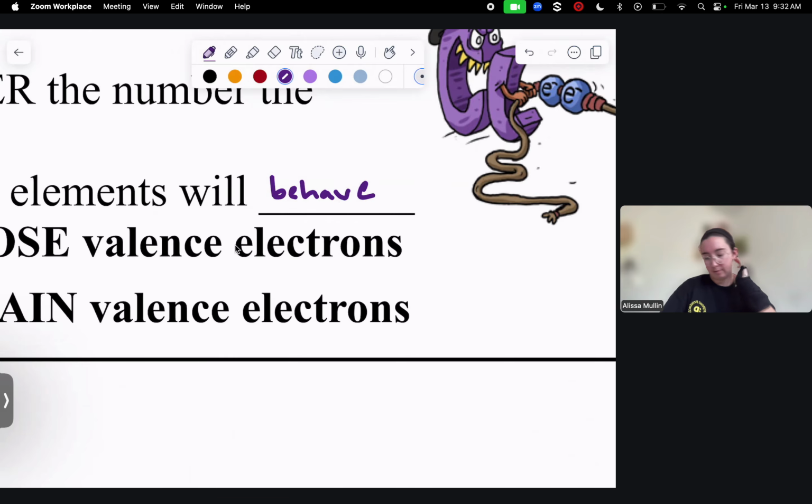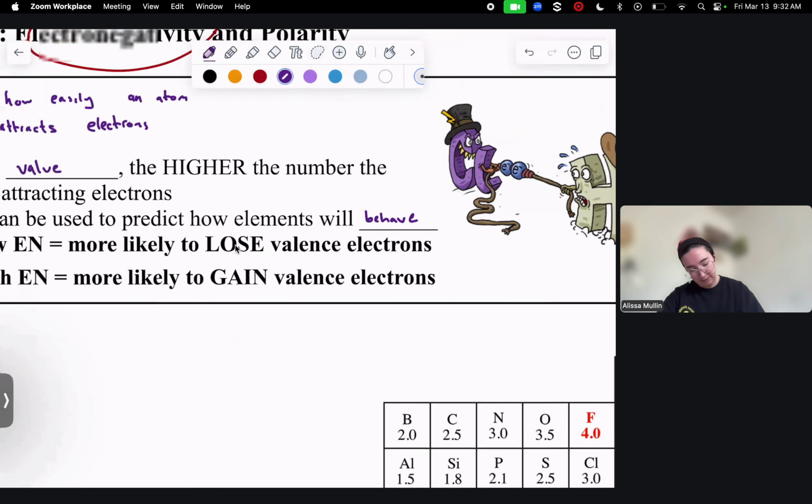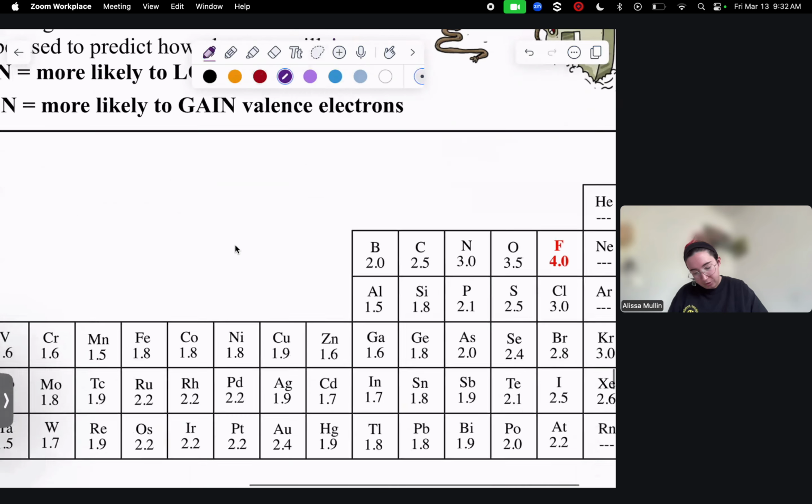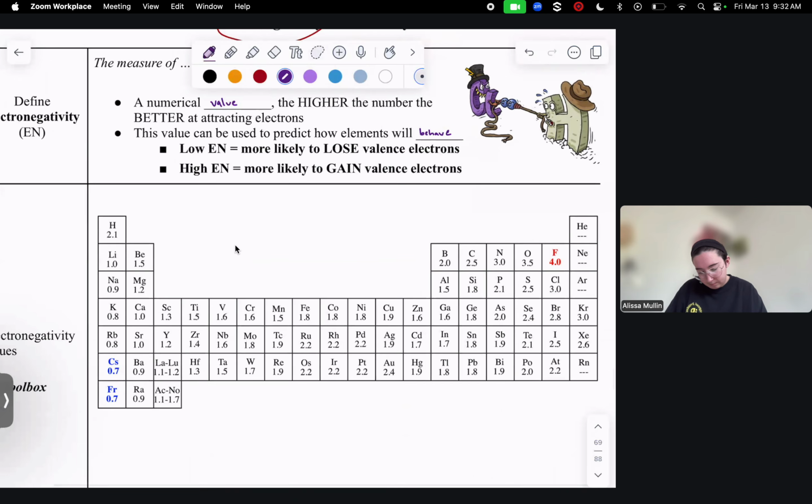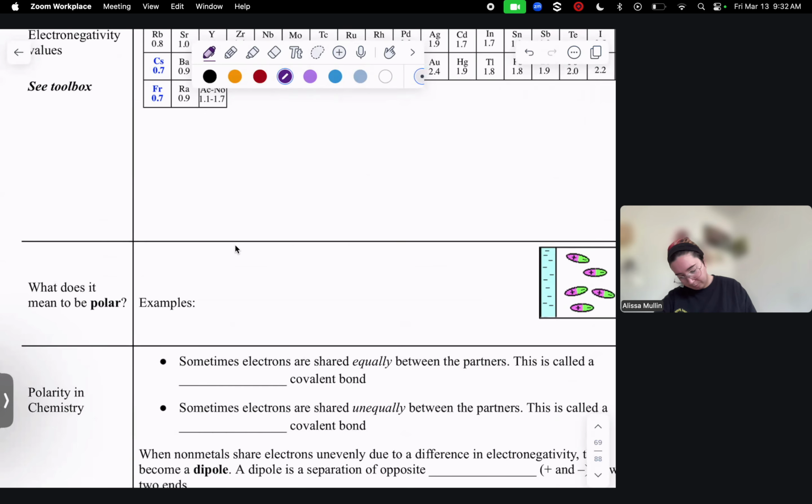Cool. So again, you have this chart available to us, and I'll teach you how to use it. It is in the packets. I recommend you find it there, but here's a version of it too. So you can see the overall pattern. There are some exceptions, but we can just use this going forward. Okay. And then this is going to be important for figuring out what it means to be polar.